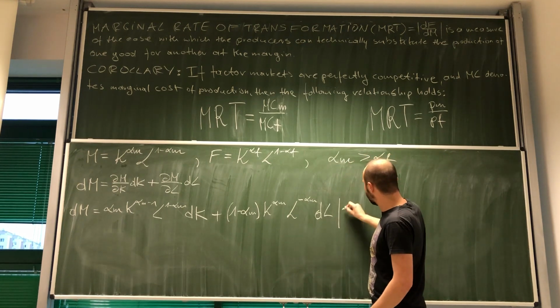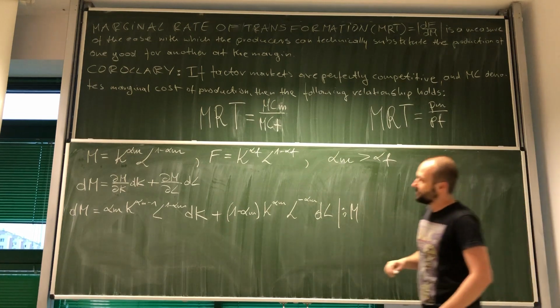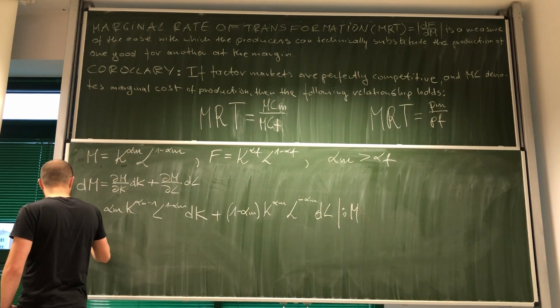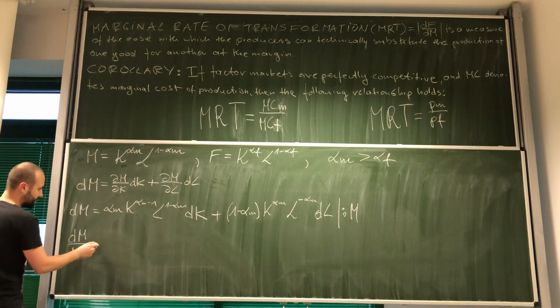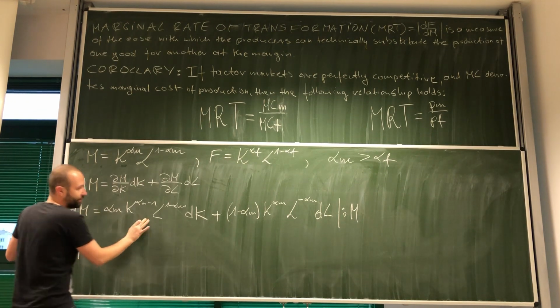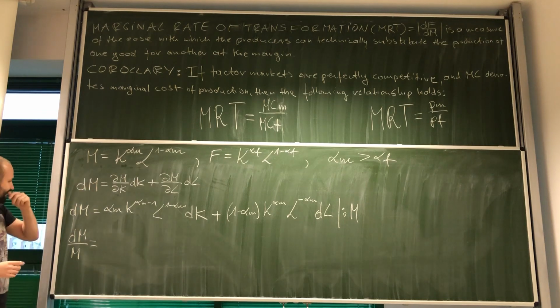Okay, and what I'm going to do now is divide both sides by M. So I'm getting here dM divided by M. I'm dividing each of these two components by M, and M, of course, is equal to that production function.